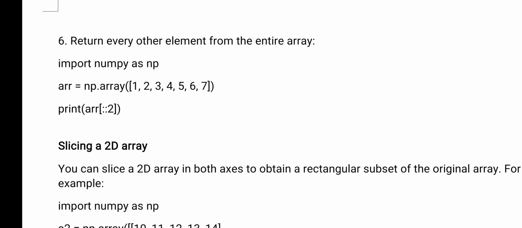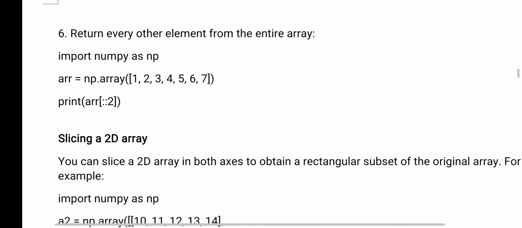What is arr here? It is an array object. Starting I have not given, ending I have not given. So if you have not mentioned starting and ending, it will take all the elements from the start to the total length of the array. Now the step value: how much have I given? 2. So it will print every alternative number like 2, 4, 6. Alternative numbers it will print. That is also possible when you do not give starting and ending.